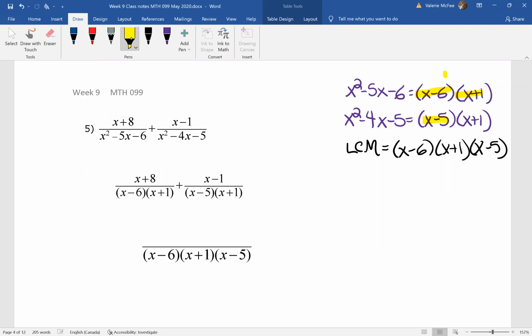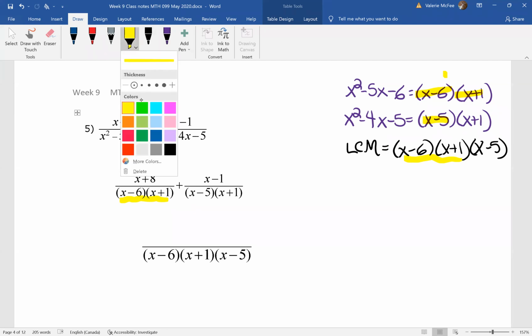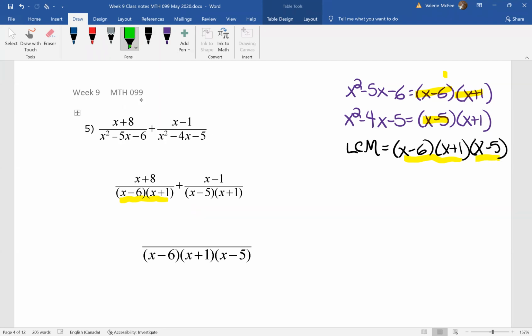So what's missing? When I look at my first expression, I have x minus 6 times x plus 1. I can see that we're missing the x minus 5. So let's multiply the numerator and the denominator here by x minus 5. When I look at the second expression, I see that I have x minus 5 and x plus 1.